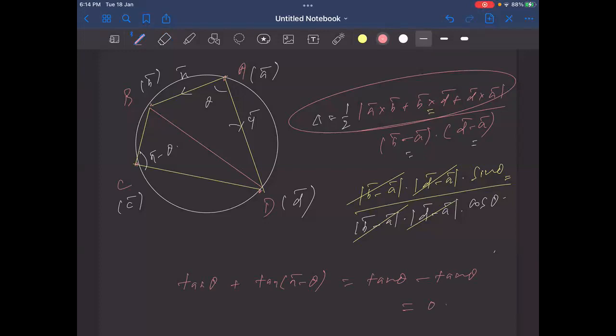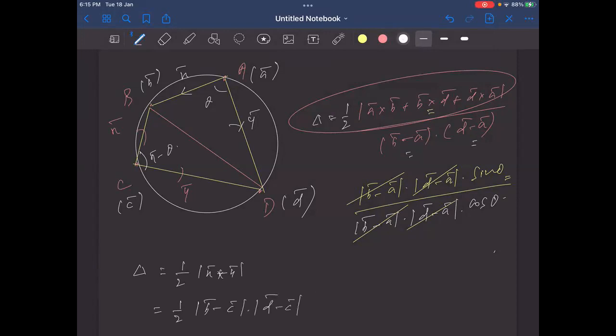ट्रायंगल बीसीडी में जब करेंगे वही चीज हो गया ना। देखो ट्रायंगल बीसीडी में अब हमारा जो सेकंड एक्सप्रेशन है, उसमें इसको मैं, हाँ b माइनस सी है, हाँ तो ये मान लेता हूँ। अब इसको मैं x मान लेता हूँ, इसको y मान लेता हूँ। तो इसका एरिया ऑफ ट्रायंगल क्या है? हाफ x y sin of pi minus theta, correct?